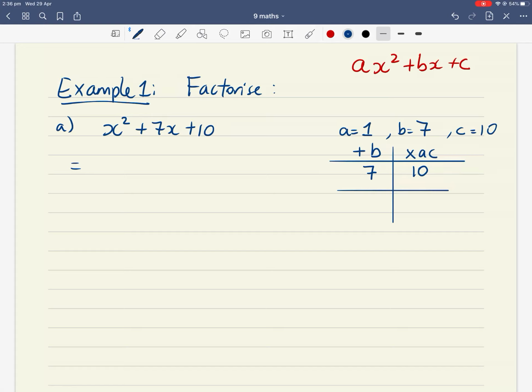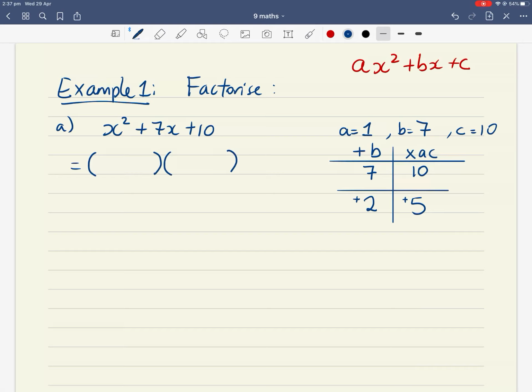But in this case, you're looking at factors of 10, so 1 times 10 is 10, but no matter how you add 1 and 10 together, you can't get 7. The other set of factors for 10 is 2 and 5, and they add to become 7. So one number is 2, the other number is 5. In fact, it's positive 2 and positive 5, because positive 2 times positive 5 gives you positive 10, and positive 2 plus positive 5 gives you positive 7.